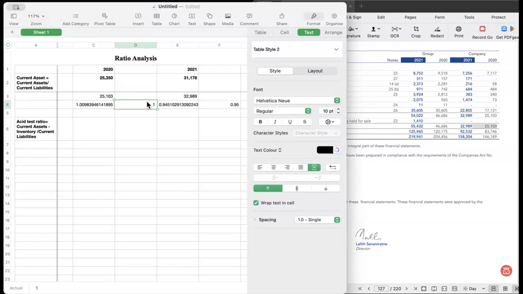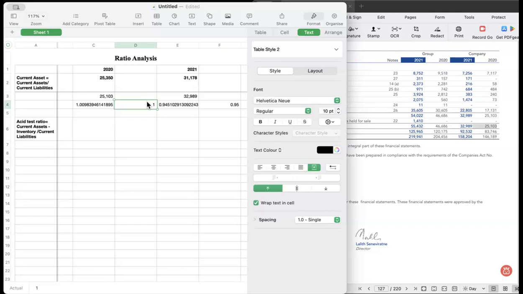But when you do a comparison, you can say in 2020, the company has done better than 2021. But still, in both years, the result of the current asset ratio is less than the ideal ratio, right? And again, this ideal ratio will vary from industry to industry.